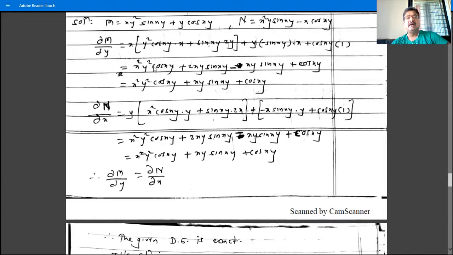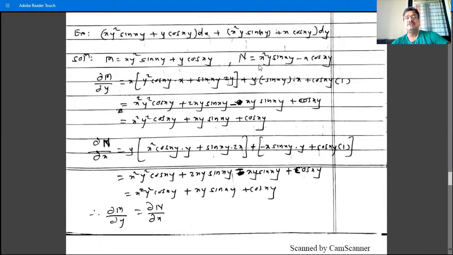Now ∂N/∂x, that is the derivative of this N with respect to x. Now this y is a constant quantity, so take y as common, and then x square into sin(xy), derivative by using the u into v rule. So x square, derivative of sin(xy) with respect to x is cos(xy) into y, plus sin(xy), that is v, derivative of x square is 2x, plus, and here is a plus sign.